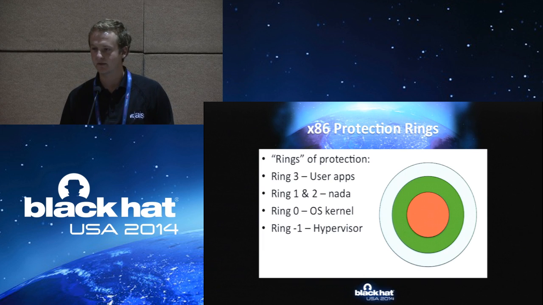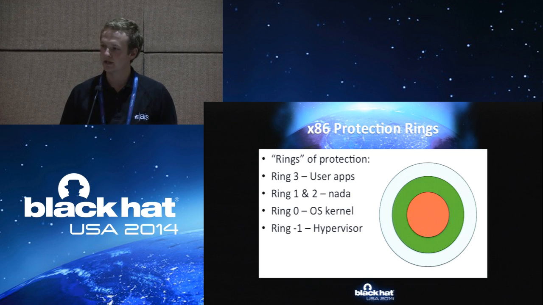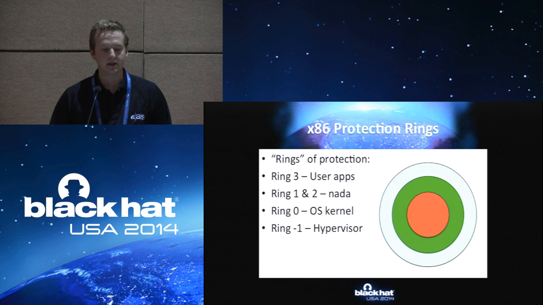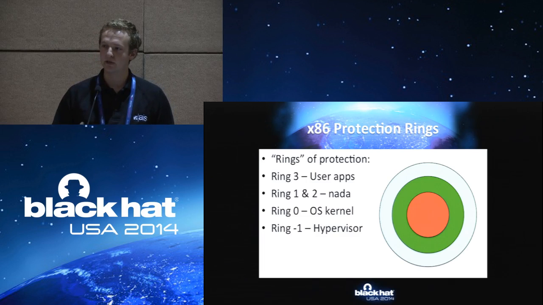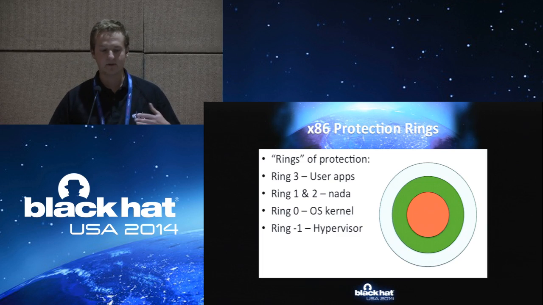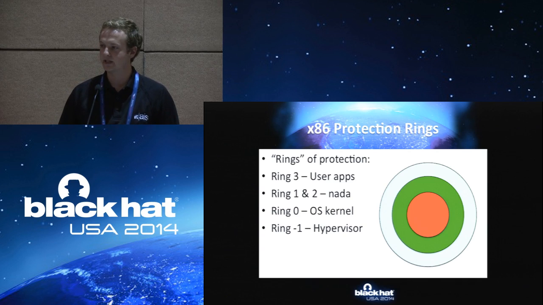Minix is kind of a more academic one that uses rings 1 and 2, but we'll just ignore those. Ring 0 is traditionally considered your kernel, so that's where Windows or Linux will sit. And then ring -1 is a newer name for the hypervisor. It's been added much later, but it has more privilege than the operating system kernel. If you want to keep going down, there's also ring -2, which is system management mode.